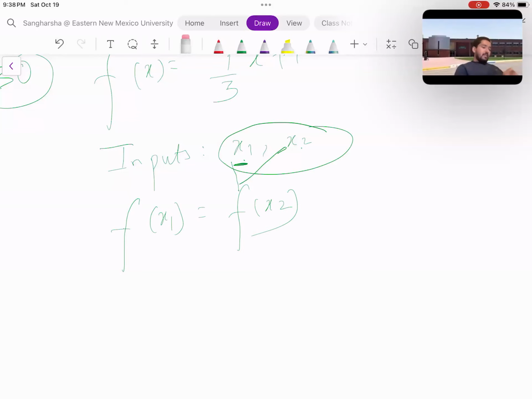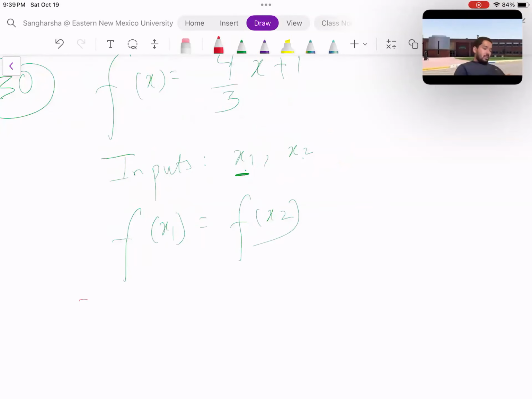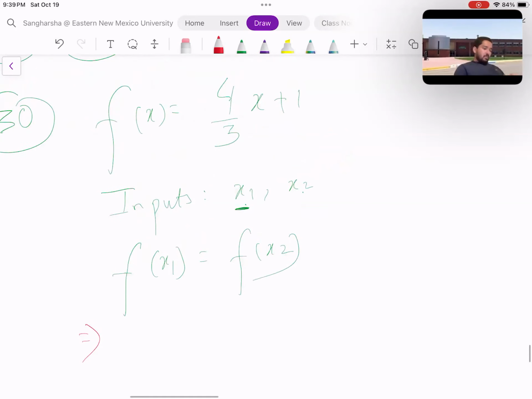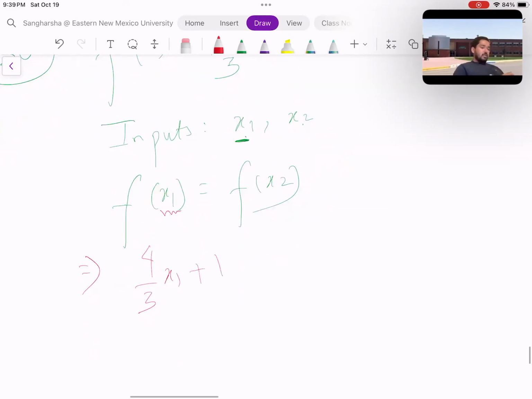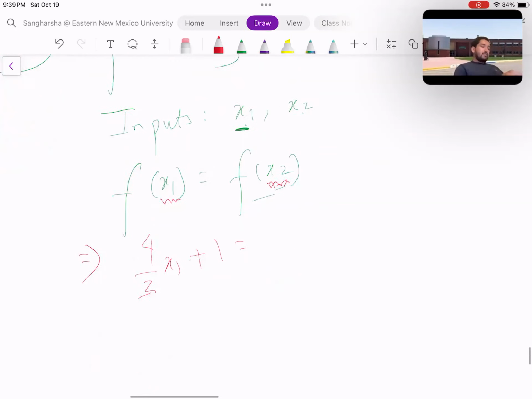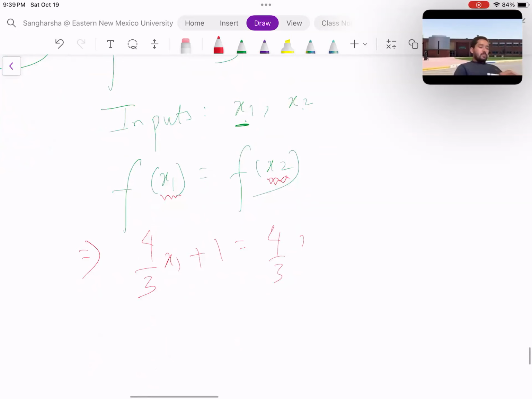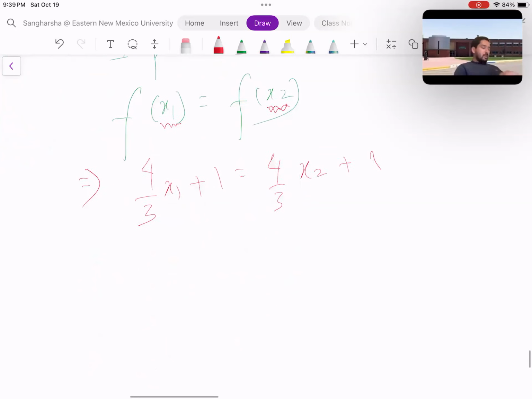Now let's find f of x1 and f of x2. To find f of x1, you substitute x1 for x in your f function. So we have 4 over 3 x1 plus 1 equals, and for f of x2, you substitute x2 for x in the f function, so we have 4 over 3 x2 plus 1.